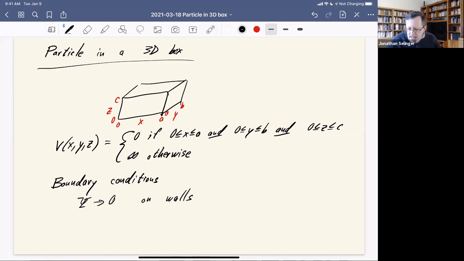But in the interior, the potential energy equals 0.